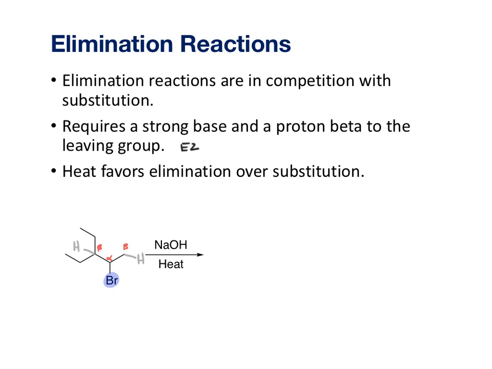So we can think of elimination products eliminating from each beta position. So let's do the one on the left first. If you use the base hydroxide, that will attack the beta hydrogen. Those electrons will come down to form a double bond between the alpha and beta position, and you lose your leaving group.